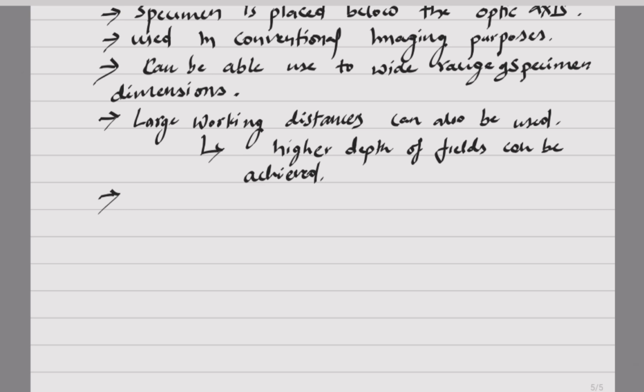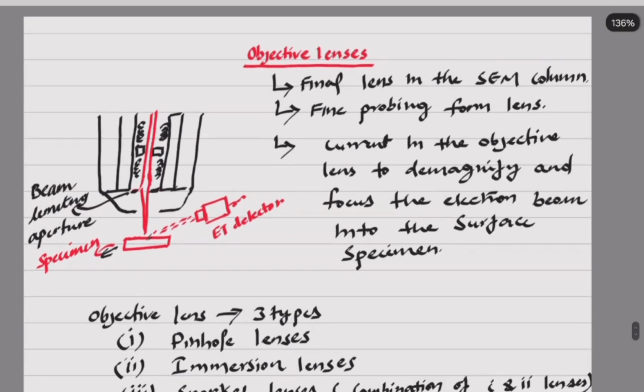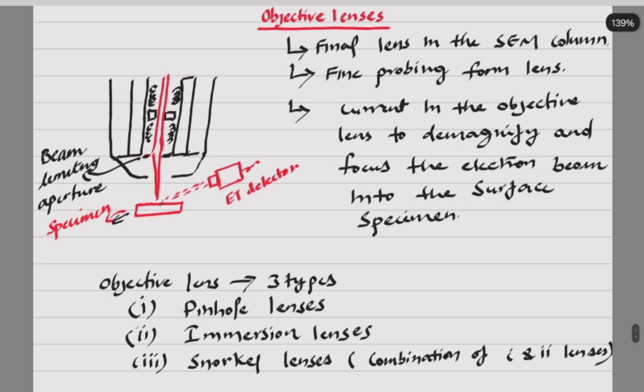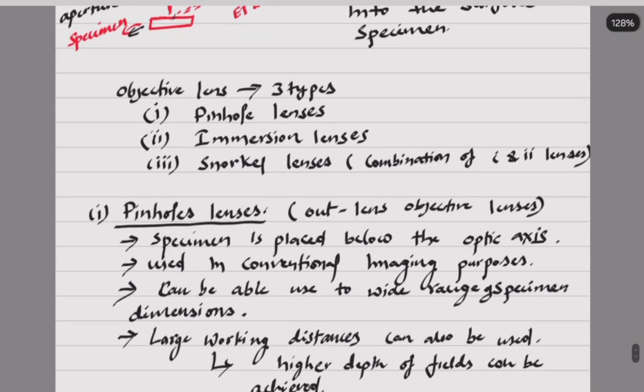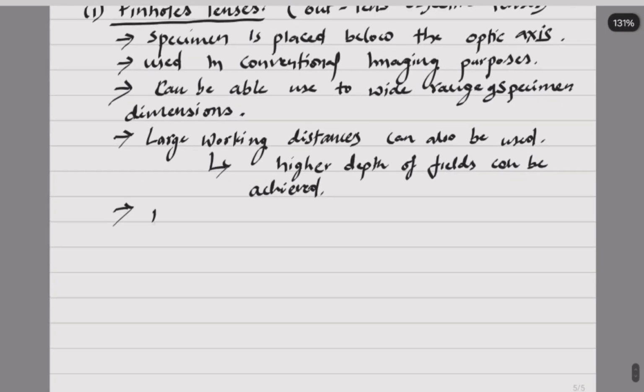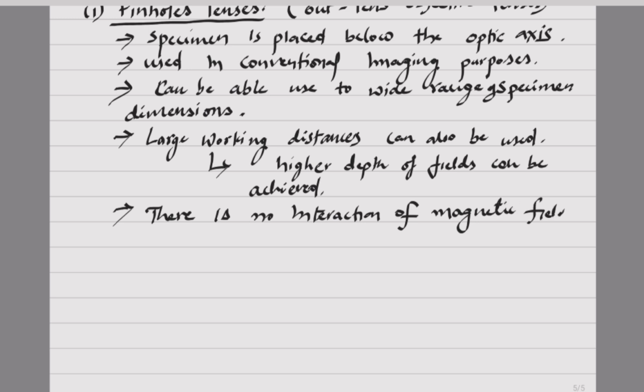Here in the image, these are the magnetic coils, and the specimen is below the optic axis, so there is no interaction of magnetic field with the specimen.